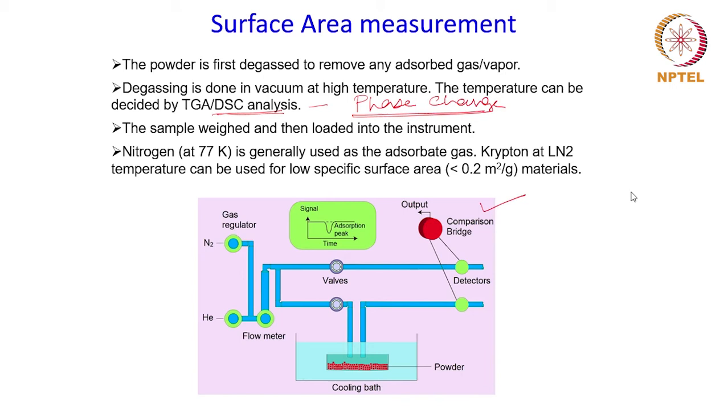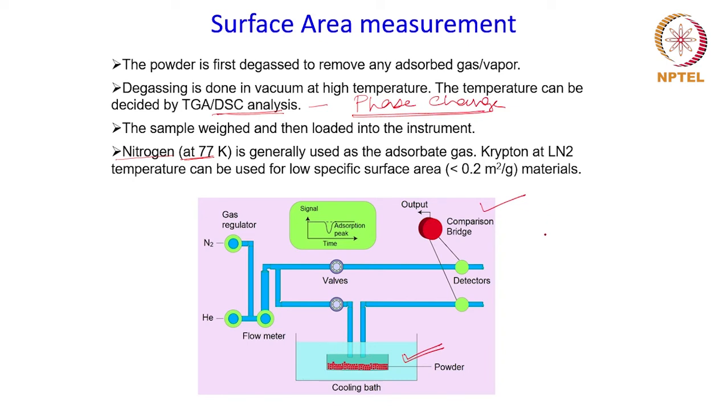So before the sample is loaded in the sample chamber, it is first sent to the degassing chamber, degassed, cleaned, and then cooled down, and after that it is sent to the sample chamber where it is exposed to a liquid nitrogen bath to keep the sample at very low temperature, because nitrogen is generally used as the adsorbate gas and it has to be used at its boiling point, which is 77 Kelvin, and therefore the sample is cooled down by bringing the liquid bath to the sample tube.